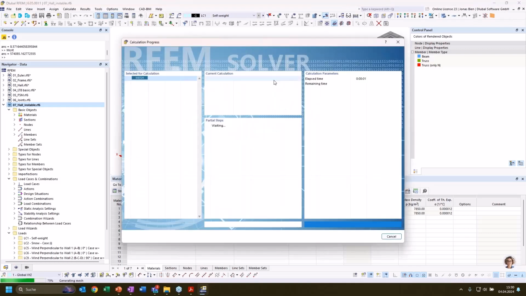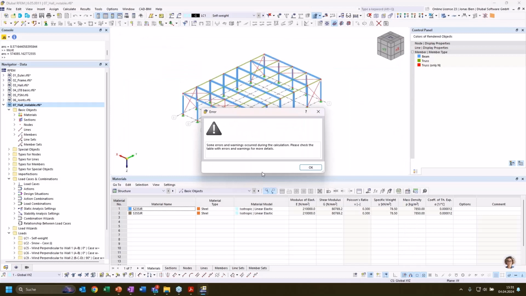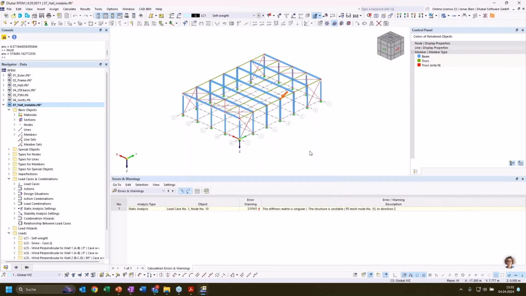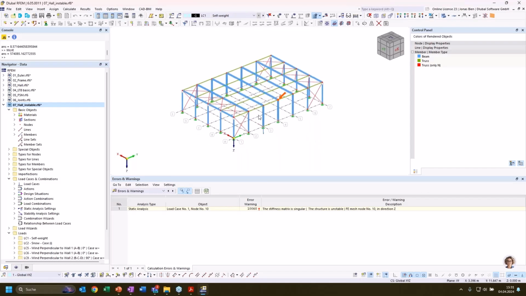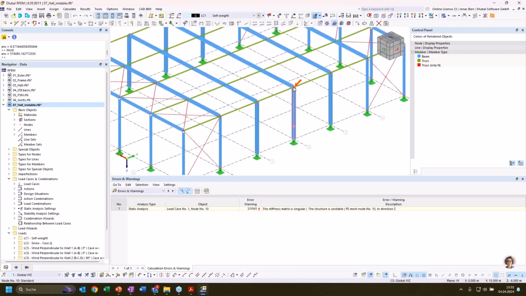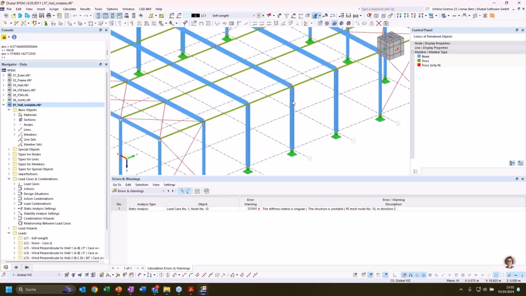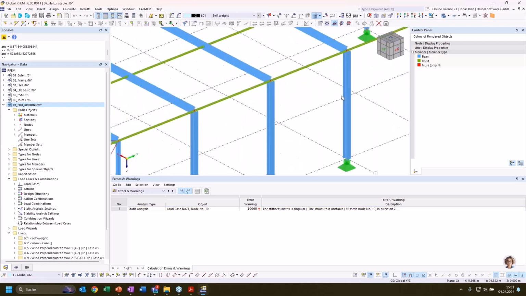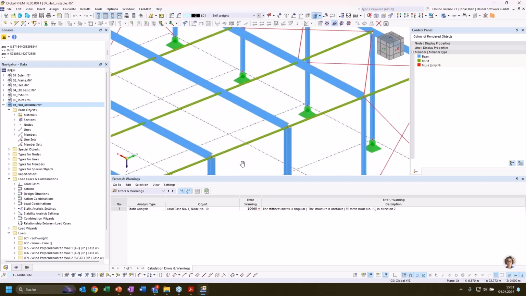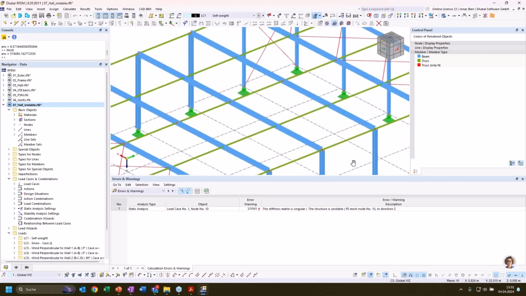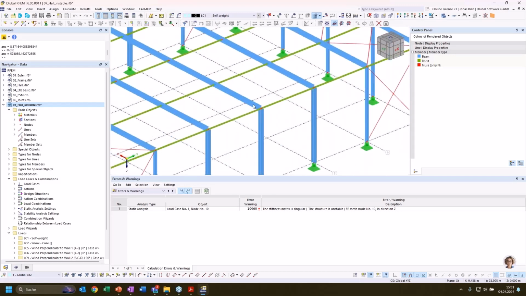But now I already see, when trying to calculate the first load case, which is just the self-weight under first order theory, I get a warning message, and the program is highlighting that the stiffness matrix is singular, and I have some problem. It also gives a hint where I could look for possible mistakes, but I can't really see anything wrong here.